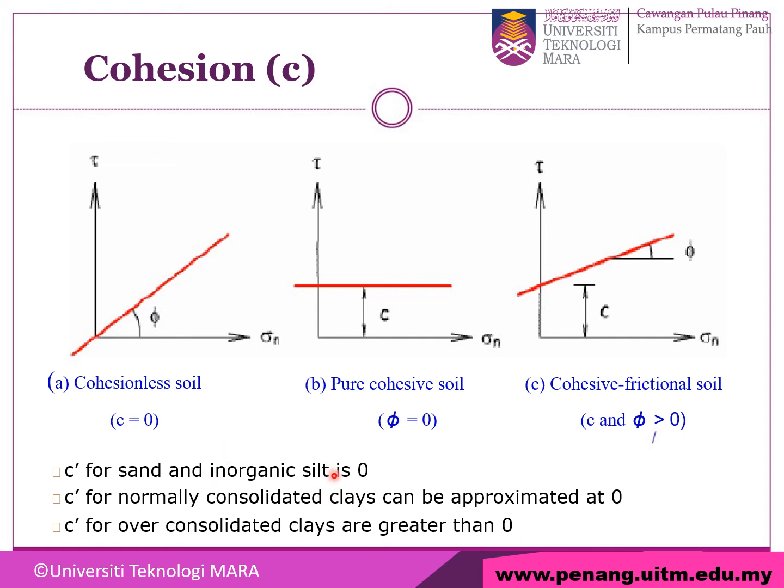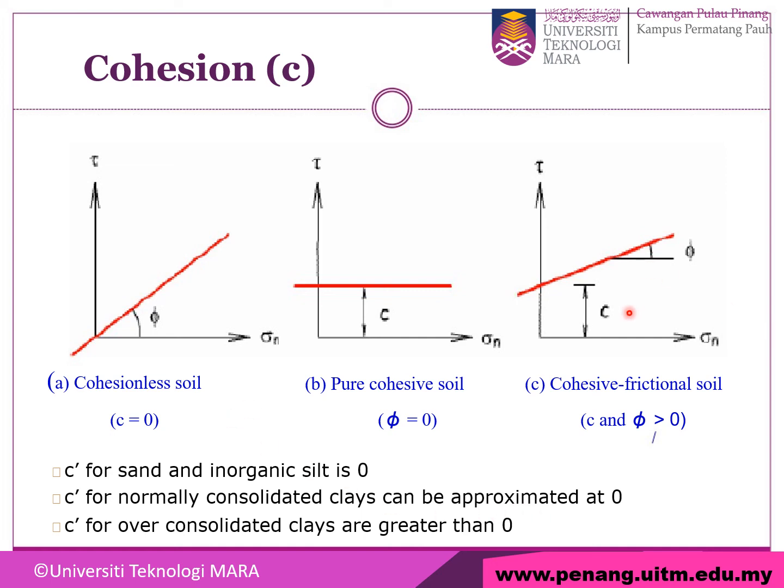Then for C more than 0 but phi equal to 0, there is no angle of friction. This is pure cohesive soil, for example pure clay. Normally consolidated clay can be approximated at 0.